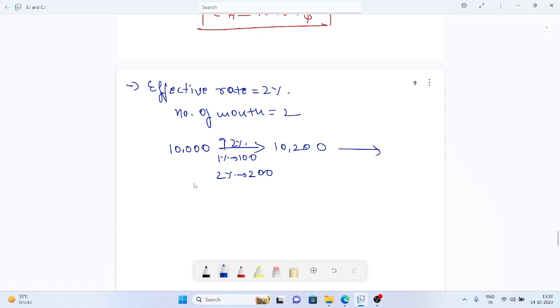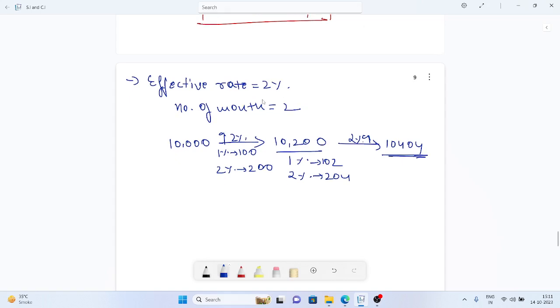Now for the next one, what is 1% of this? It is 102. So what is 2% of this? It is 204. Again you increase by 2%. So here you get 10404. So you simply got 10404, but this is for those who understand this logically.